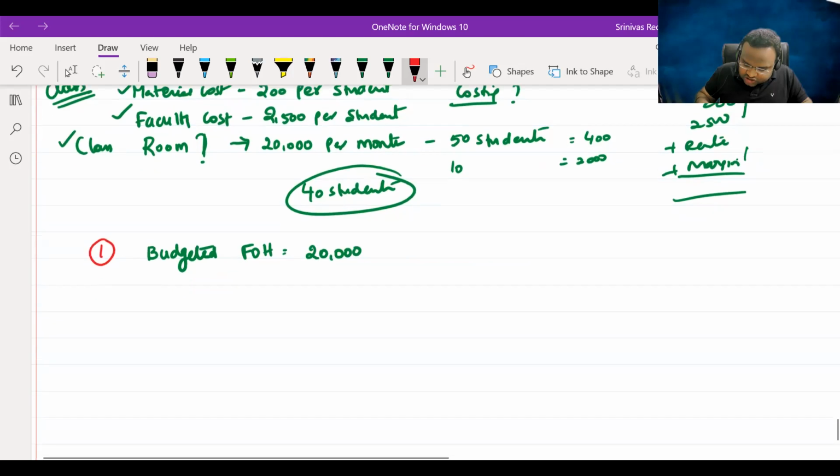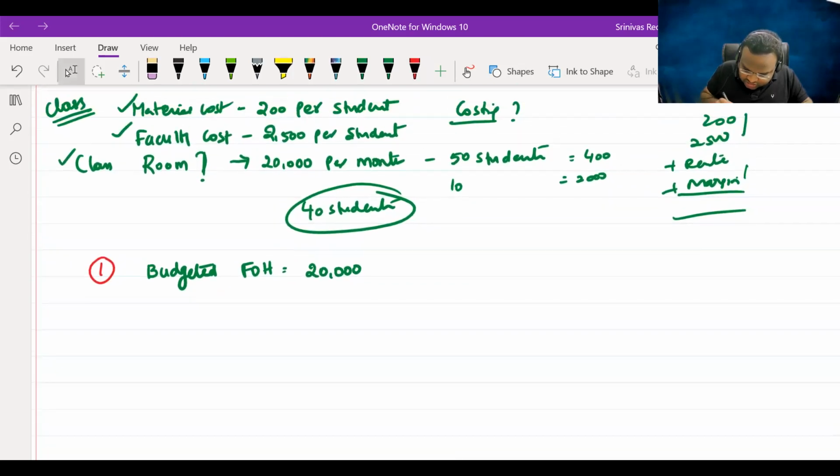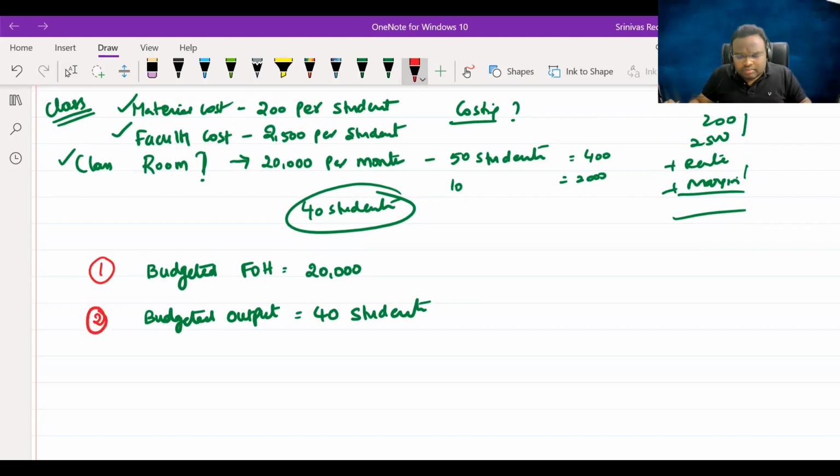And there is a second concept called budgeted output. What is my budgeted output? 40 students. These two are majorly available in the exam, in the question itself. Budgeted fixed overhead 20,000, budgeted output 40 students.